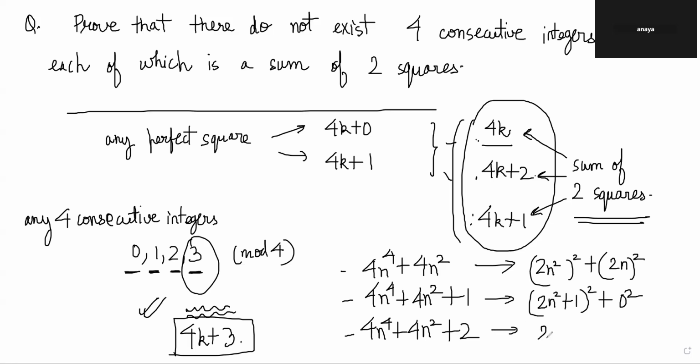And this one is (2n square plus 1) whole square plus 1 square, right? So these three consecutive integers have been written as sum of two squares. You can keep taking different n's and you will get an infinite number of such triples of integers, right?